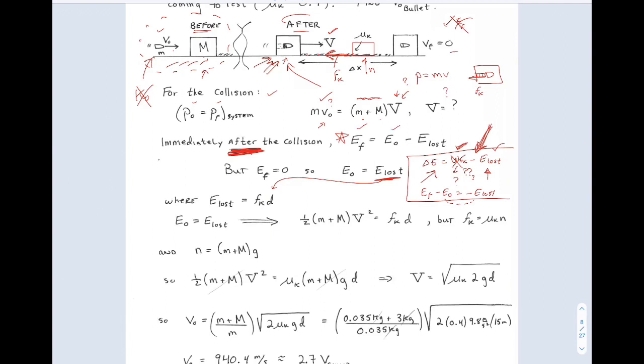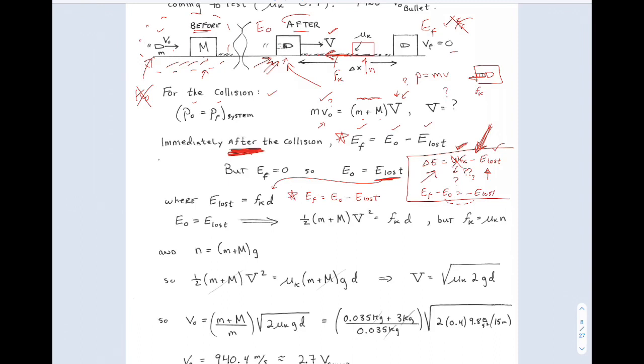So E final is equal to E initial minus E lost. This is my E initial picture, that's my E final picture. This is E final equals E initial minus E lost.